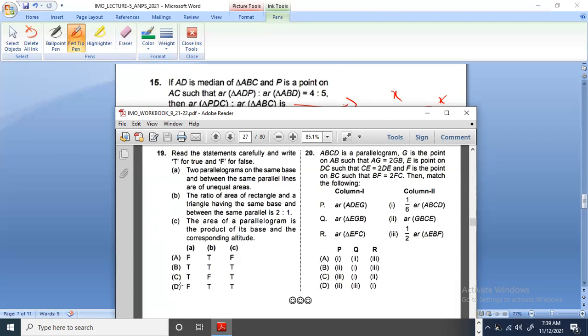And finally, question number 20. Question number 20 is an important one, let us do it.